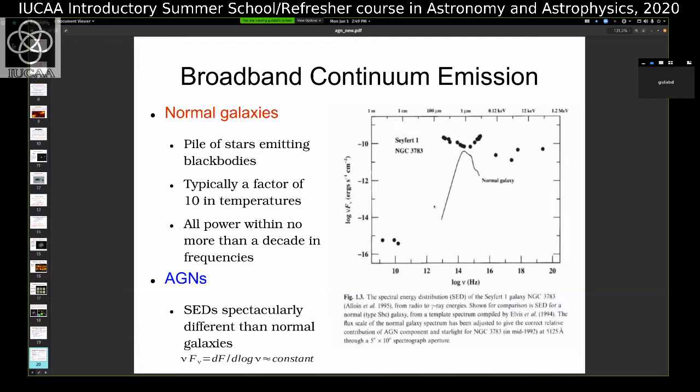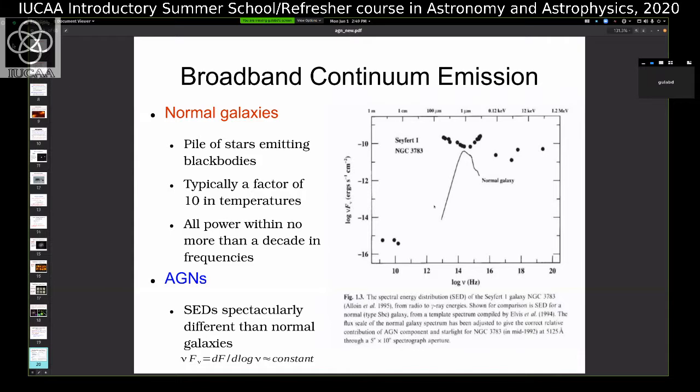Usually there is a factor of 10 range in temperatures of the stars. The coolest stars have 2000 Kelvin, while the hottest stars have tens of thousands of Kelvin surface temperature. So the spectral energy distribution for normal galaxies is confined within about 1 decade in frequency, in the near infrared to ultraviolet region.